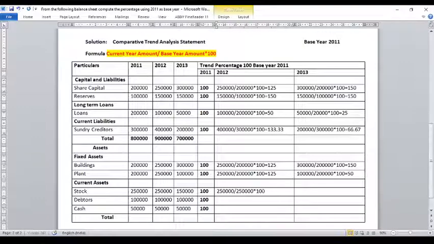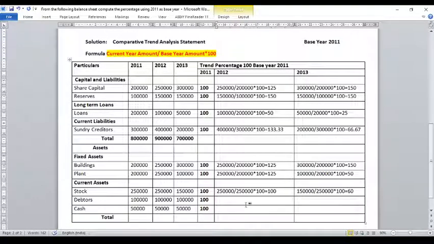That means your percentage remains the same as the base year, that is 100. Next for 2013, 1,50,000 divided by 2,50,000 into 100. I get a percentage of 60.